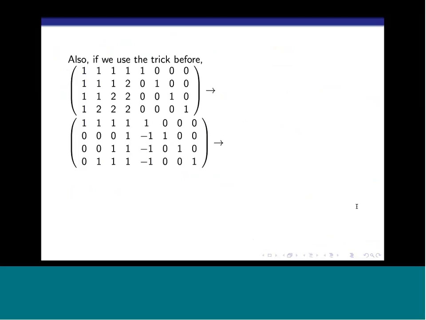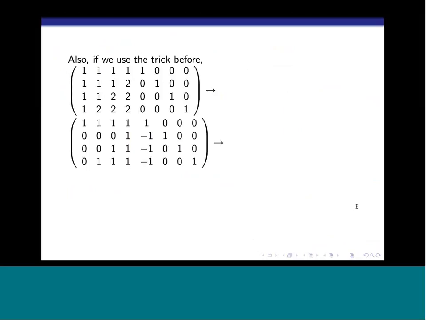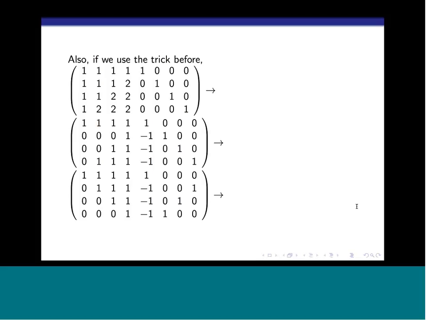We just did that on the previous page. Remember? Now we're doing the same thing, because we're interested in getting the identity. Then you switch the second row and the first row.